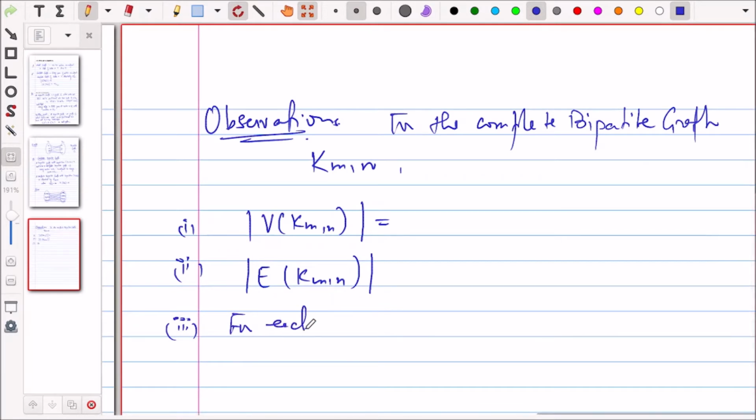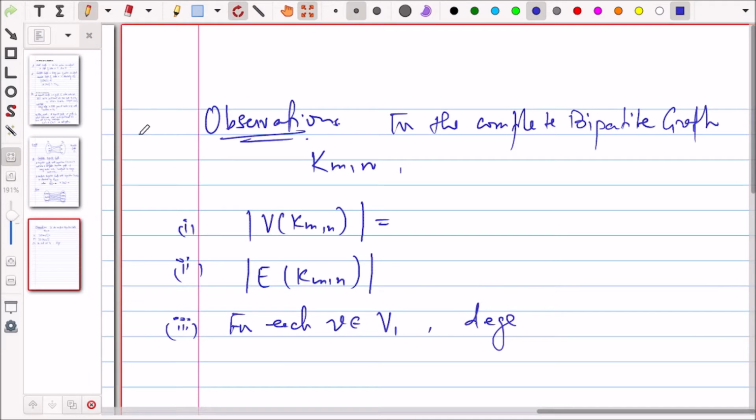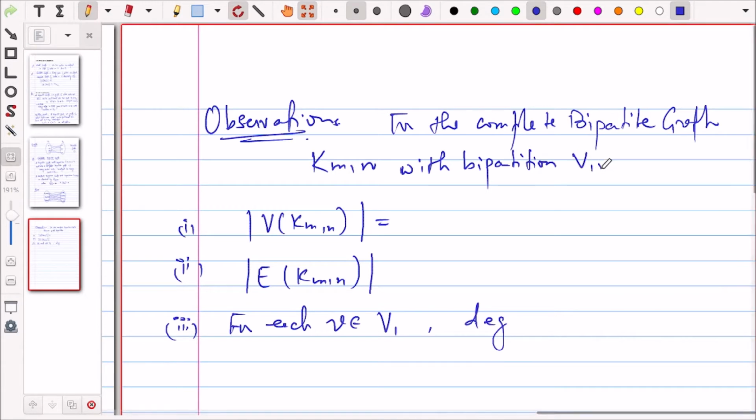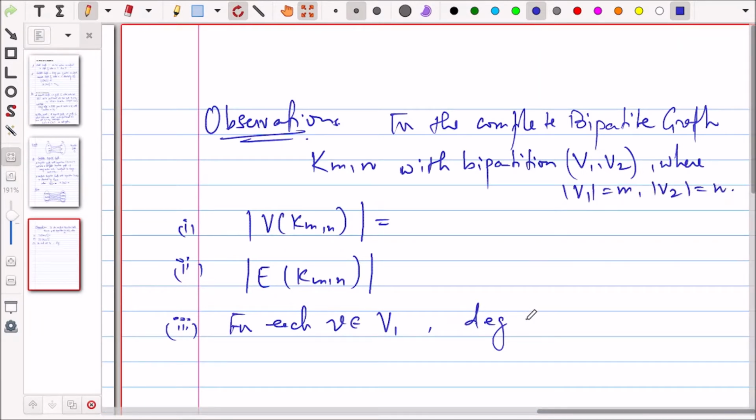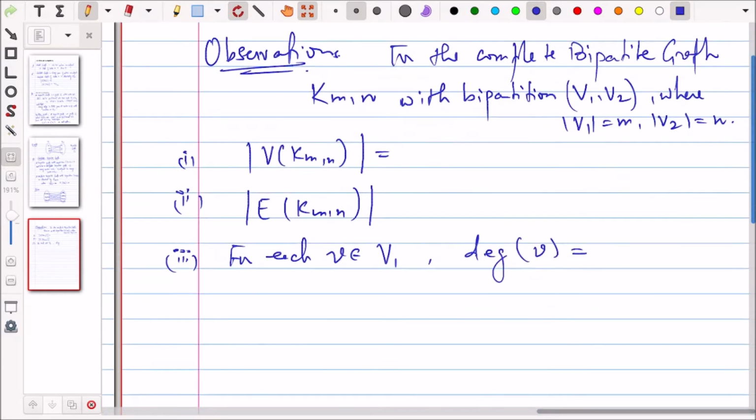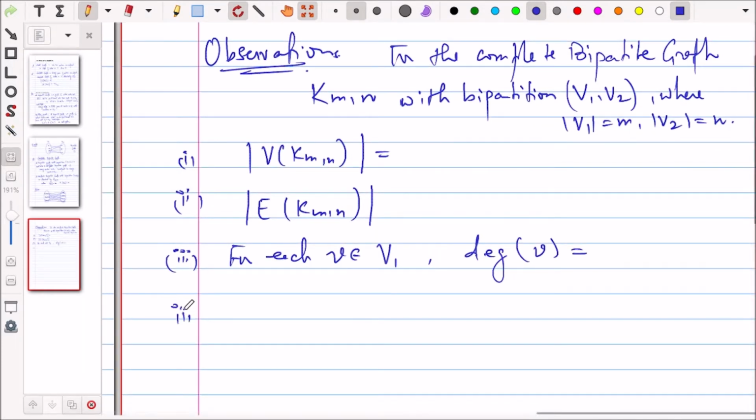For each V belonging to V1, degree of... बताओ जल्दी जल्दी इनके आंसर. सिंपल है.